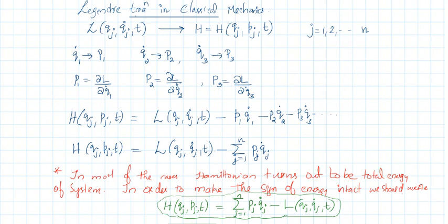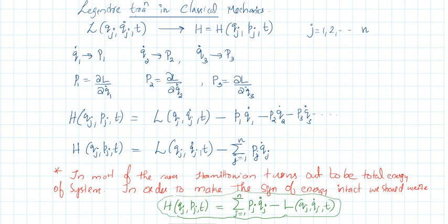But we will see that in most of the cases the Hamiltonian turns out to be the total energy of the system. We will see that in the coming sections. There are exceptions, but in most cases the Hamiltonian turns out to be the total energy of the dynamical system. And in order to keep the sign of energy intact, we should write this the other way, that is, H is equal to sigma pj qj dot minus L. Otherwise, the sign of energy will be different.